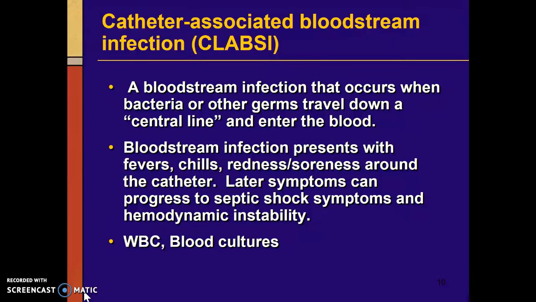And they can fairly quickly progress on to have what's called septic shock symptoms. And when they're in shock, they also get into hemodynamic instability. What that means is suddenly their blood pressure drops, they're really unstable, and they often need to be admitted to an ICU.